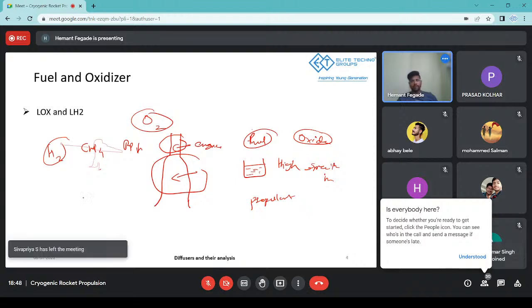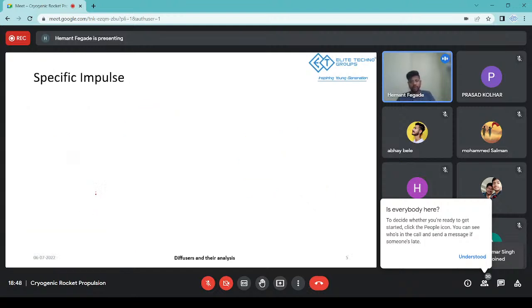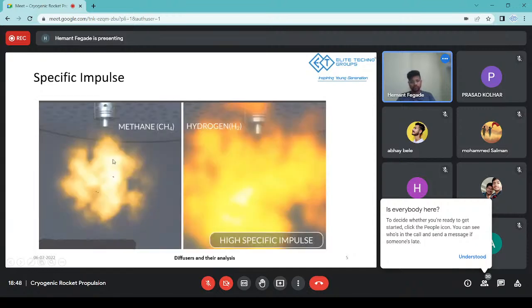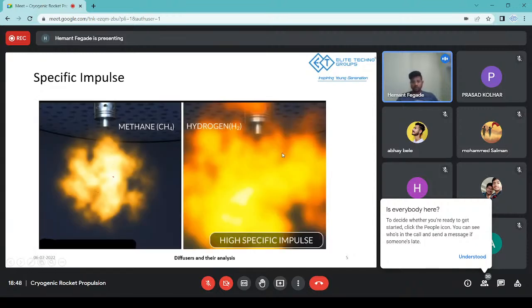You need to have in order to burn it at a significant range. So if you talk about burning your fuel in this, if you talk about this specific impulse, basically it means that at a particular point, the amount of heat, the amount of energy it exerts while burning.